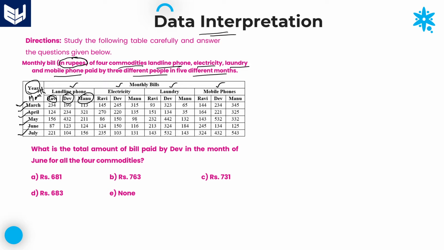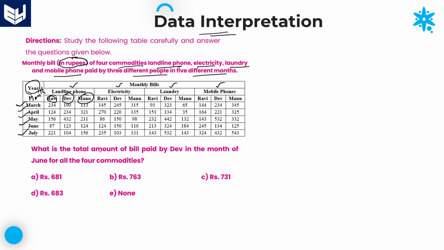So accordingly, you need to solve the questions. If you don't read the information carefully, you might be unable to solve this kind of section. So first read the information carefully, and then only go for problems.